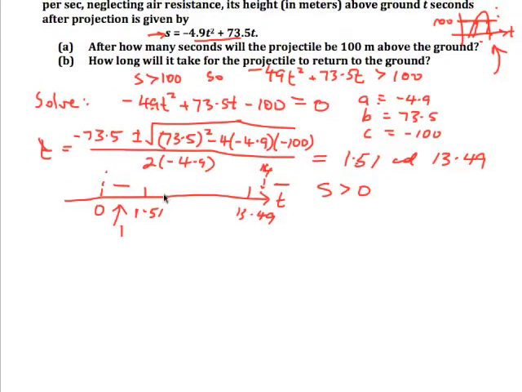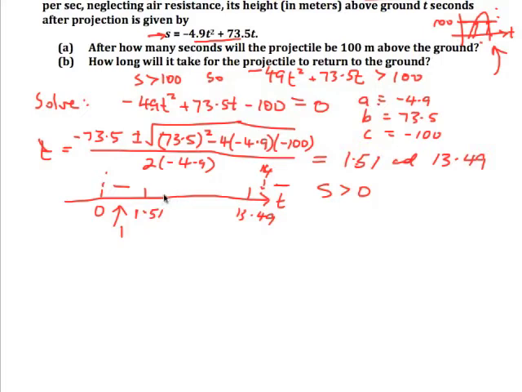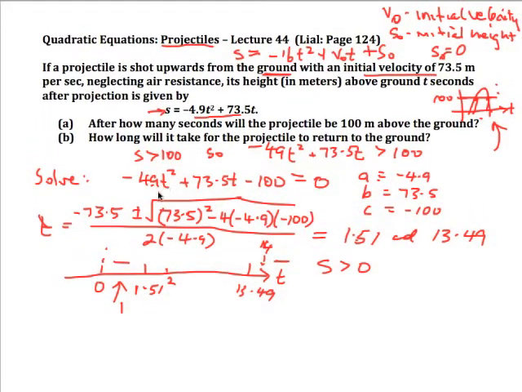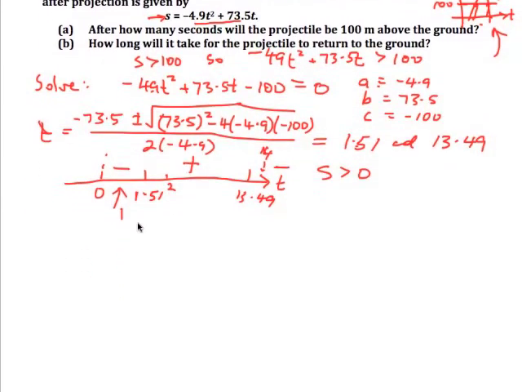If I put something like 2 in here, this will be 4, and this will be 73.5 times 2, 140 something. When we subtract the 100, and subtract just under 20, it's still going to be positive, so we end up with positive here.